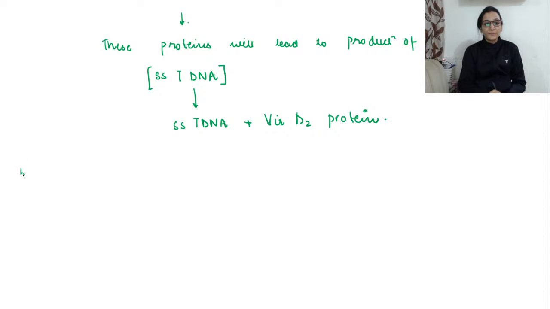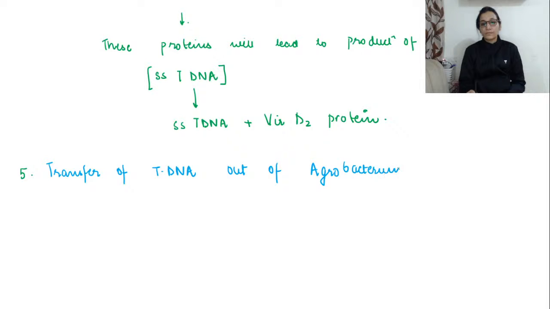After this, the fifth step is transfer of tDNA out of Agrobacterium. How is this going to happen?